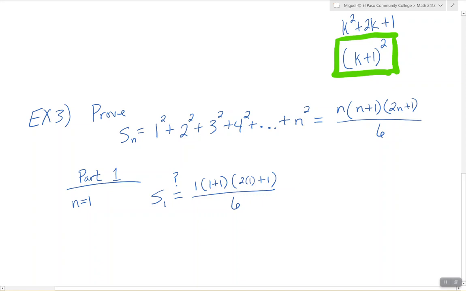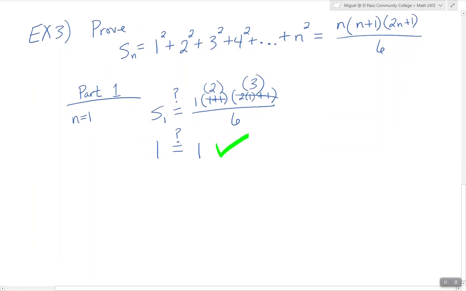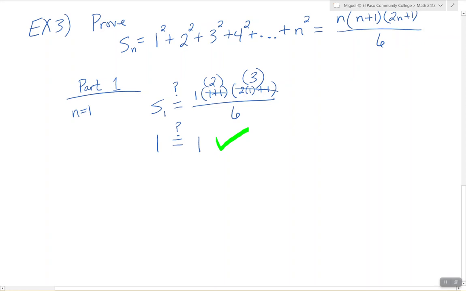So it's just 1 squared, which is just 1. So S sub 1 will be 1. And on the right side, we just worked that out. So we got 3 times 2 times 1 is 6, and then divided by 6, we get 1. So the base case checks out, right? So then that means we can go to part 2.